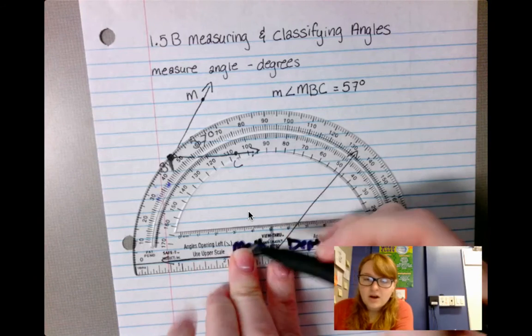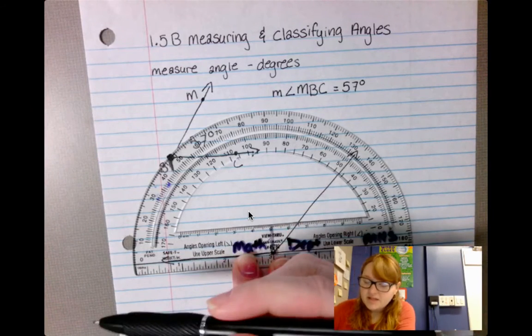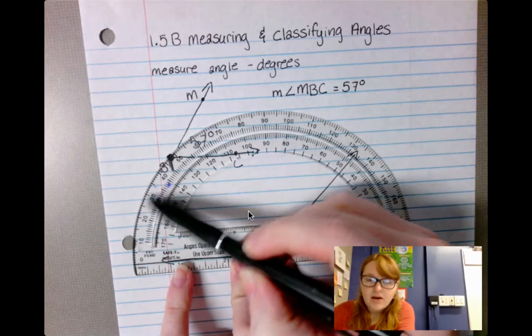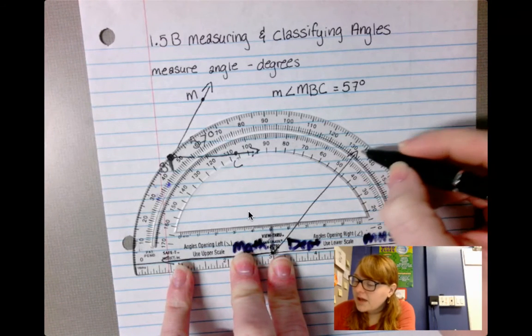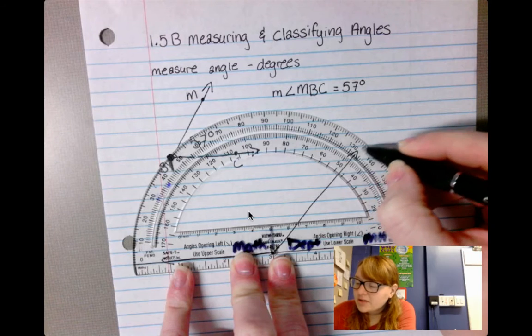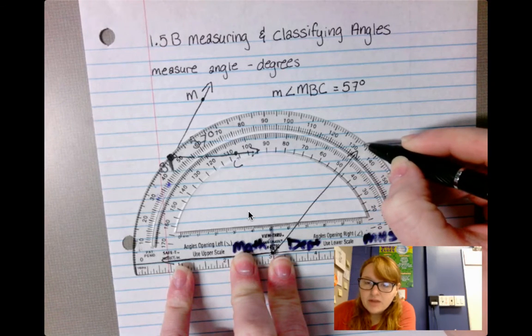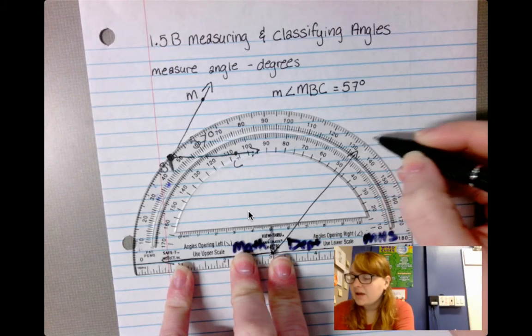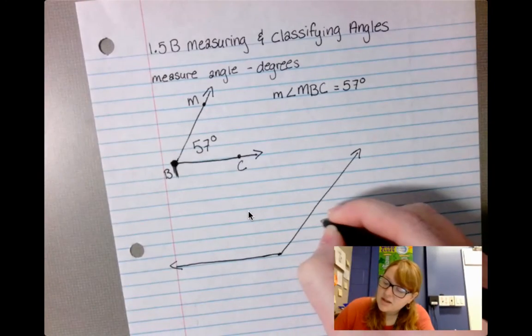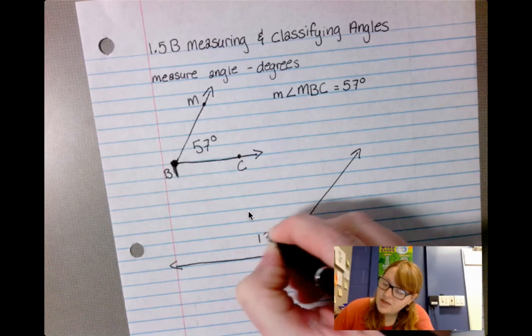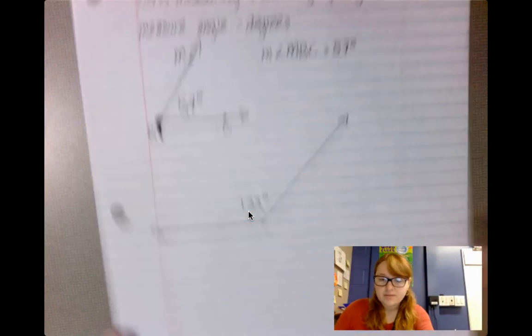And since our bottom ray is on the left side this time, we're going to use the outer ring to find the angle measure. So this right here, it looks like it's pointing at exactly 133. So I'm going to write that this is 133 degrees.